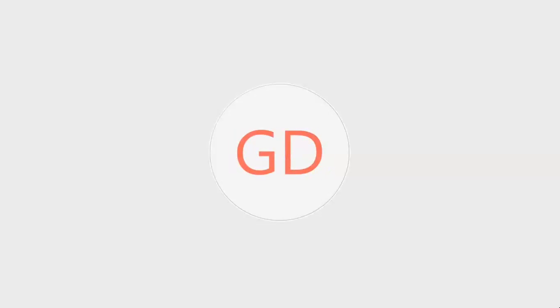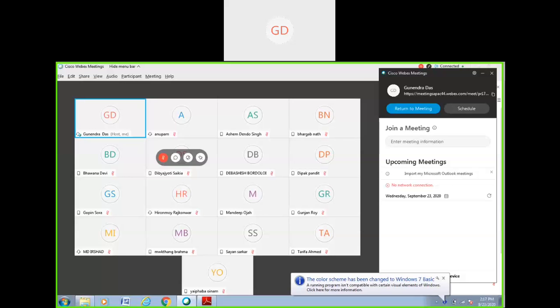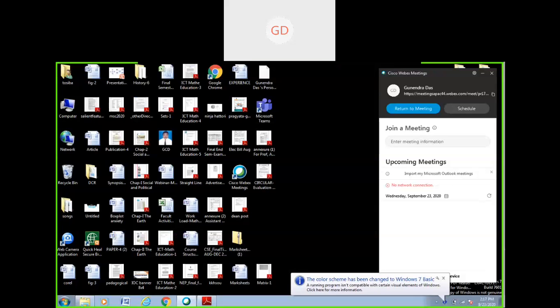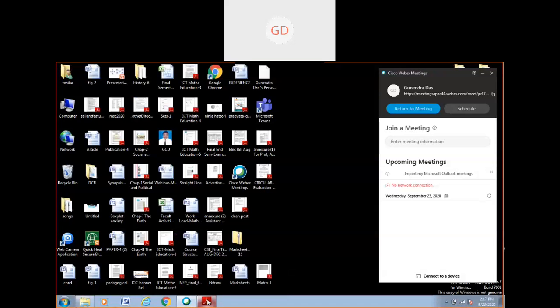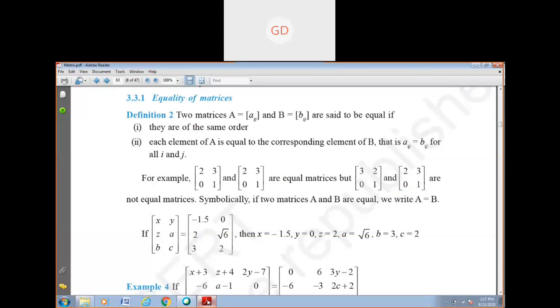First of all, we are going to discuss equality of two matrices. How can we say two matrices are equal? What condition has to be fulfilled for two matrices to be equal?